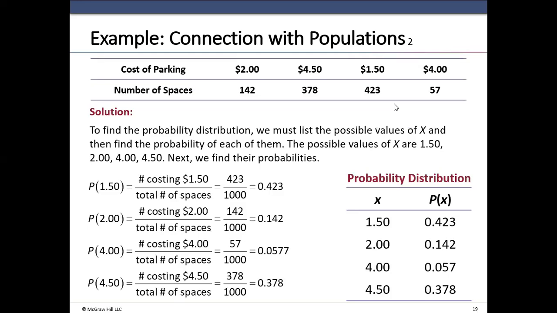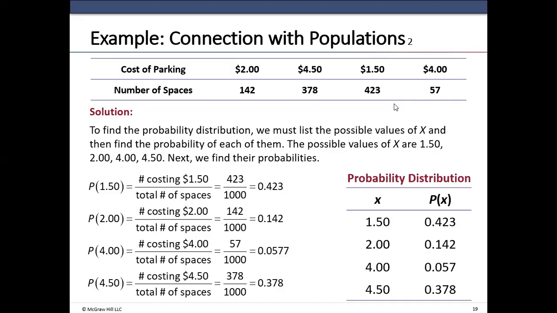So how did they do it? $1.50, there are 423 of those, 423 out of the total. $2 space, there are 140 out of the total, which is 1,000. $4 is 57 spaces out of 1,000 spaces.